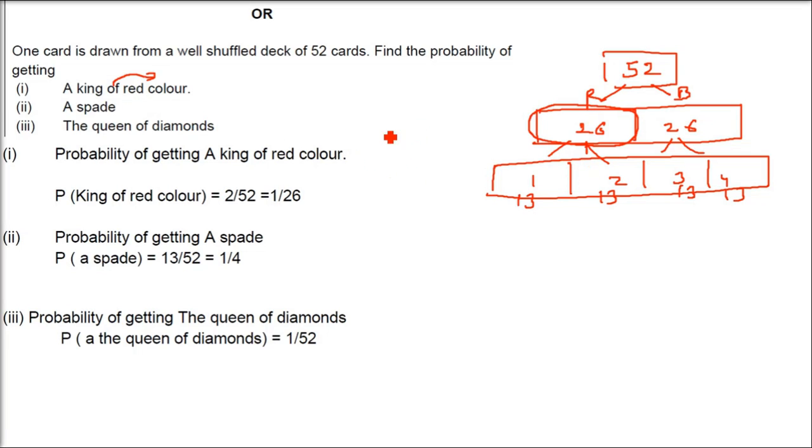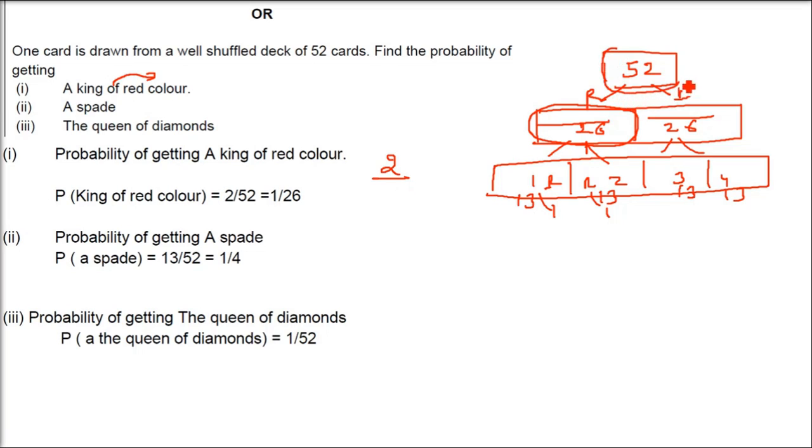So if you talk about king, one will come from 13, one will come from the other 13 because 26 are red. In one 13 there will be one king, in another 13 there will be one king. So there will be 2 kings.